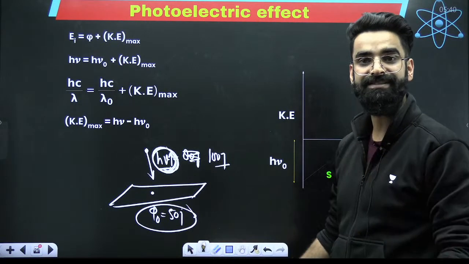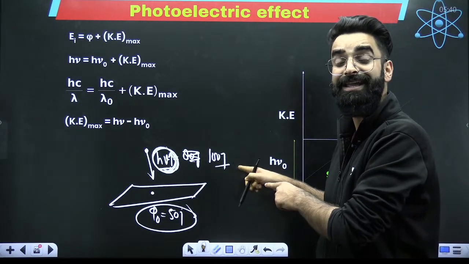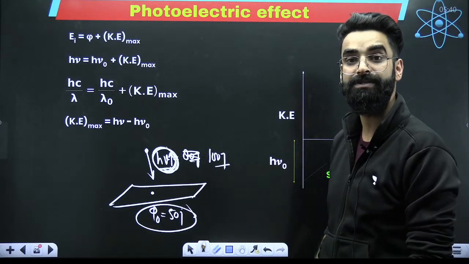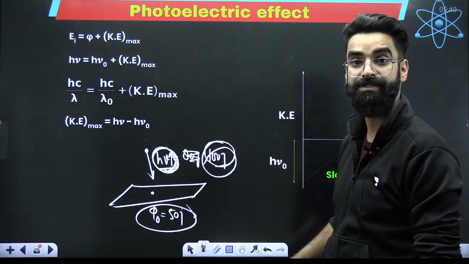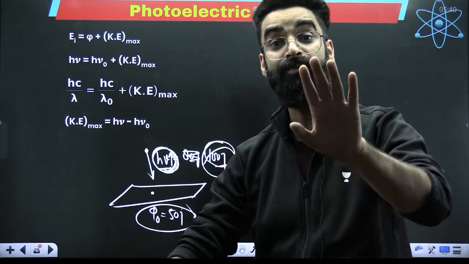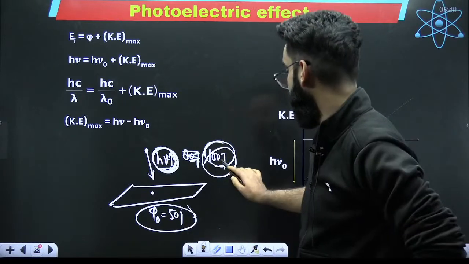Where will you see the change? Initially, the kinetic energy of the emitted electron was 30 joules. But if this is made 100 joules, will the kinetic energy of the photoelectron be 30 joules now or 50 joules? That will be 50 joules, 100 minus this value.